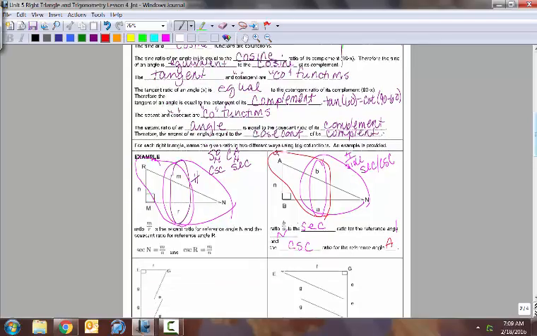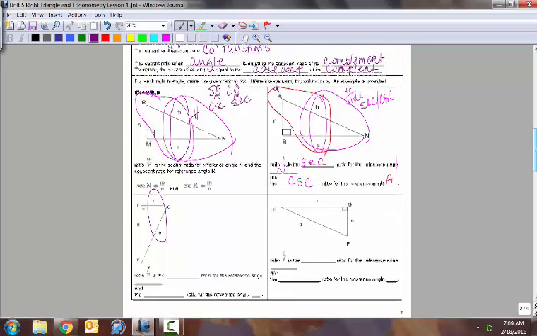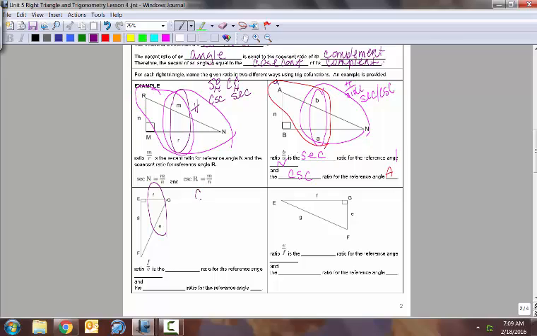Got this one down here. We've got F and E. Okay, again, we have the hypotenuse, so I'm thinking this is going to be cosine or sine. Here I've got not the hypotenuse in the numerator, but the side in the numerator, so it's one of these two. So let's pick the cosine ratio.